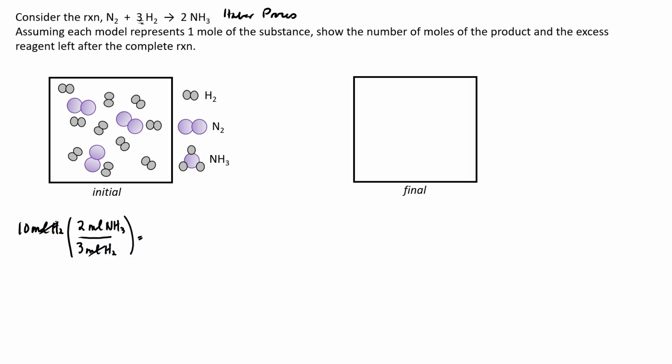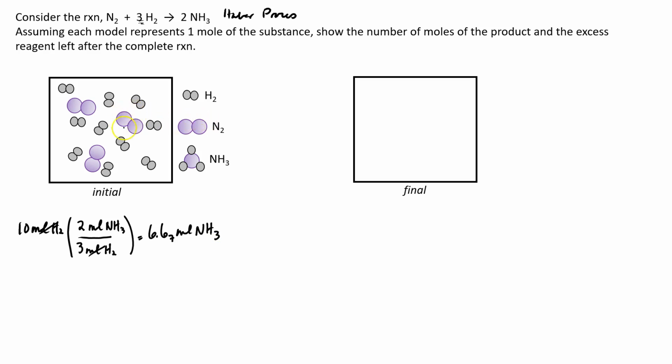And I think that's something like 6.67 moles of ammonia produced if hydrogen is the limiting reactant.